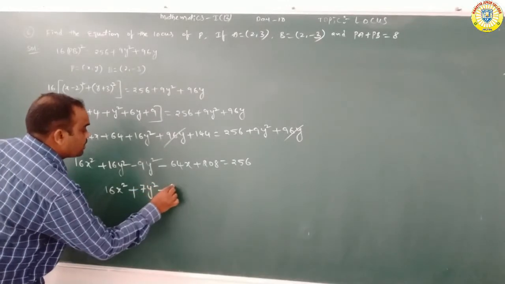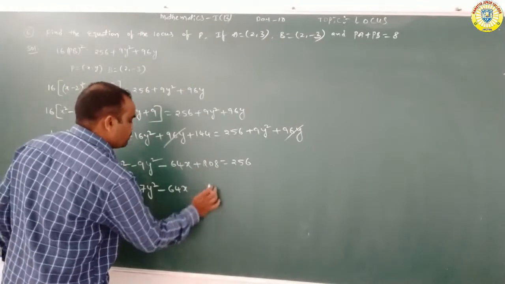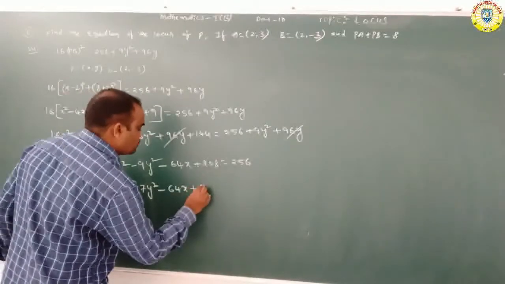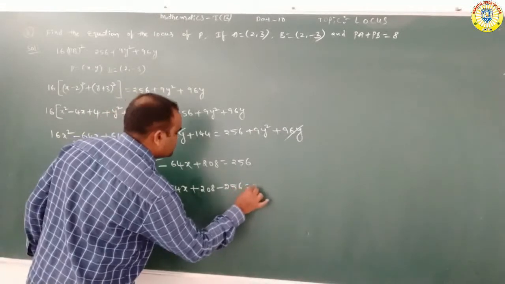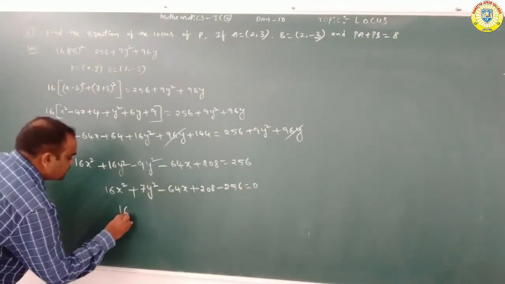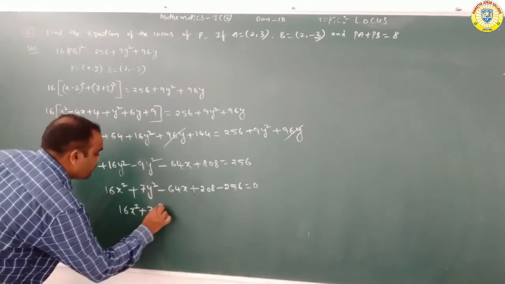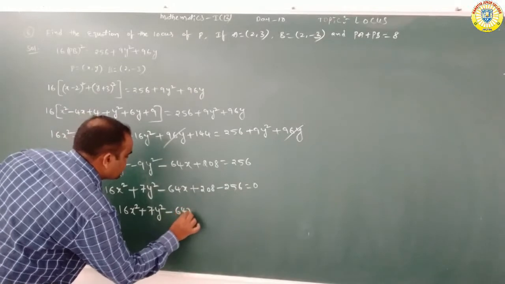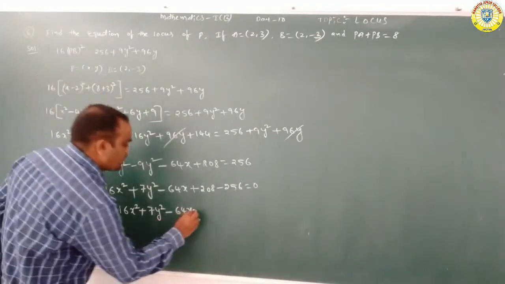7y square minus 64x is equal to, taking the left side, 208 minus 256 is equal to 0. Here we can write 16x square plus 7y square minus 64x. 208 minus 256 is equal to what value?